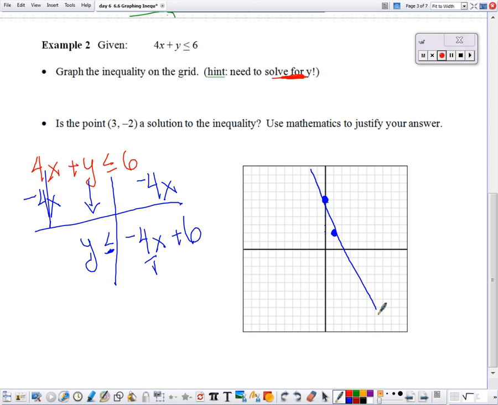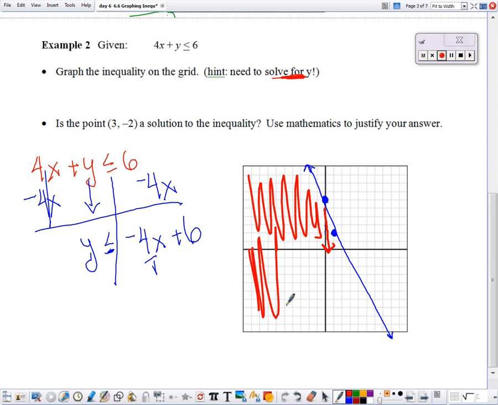It's not dotted. Make sure to go from one corner, all the way from the top all the way to the bottom. Because the symbol is pointing to the left, that means below. So everything underneath my line over here gets colored in.